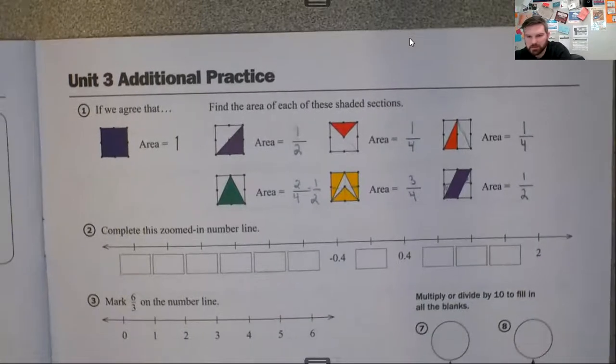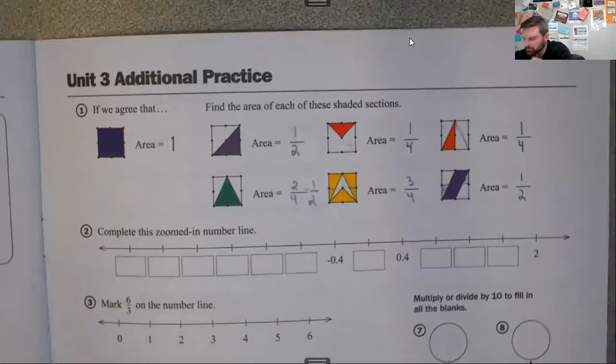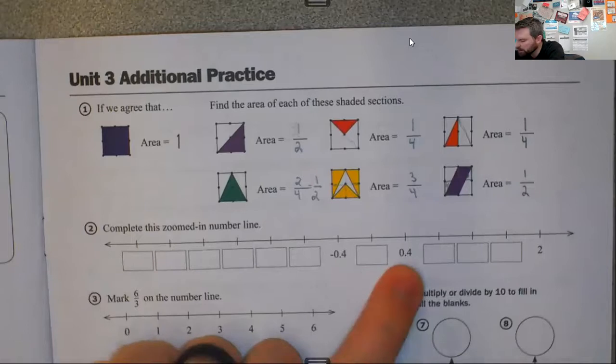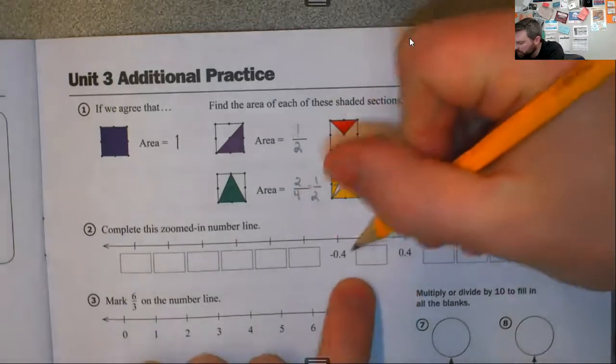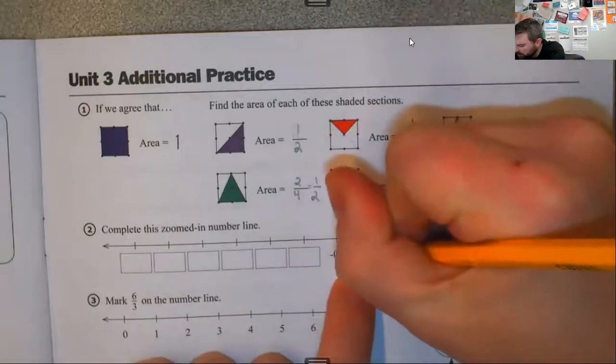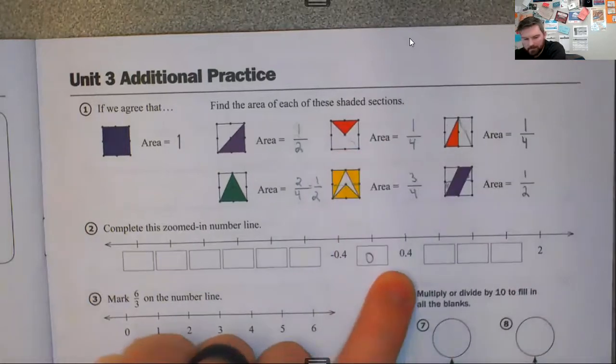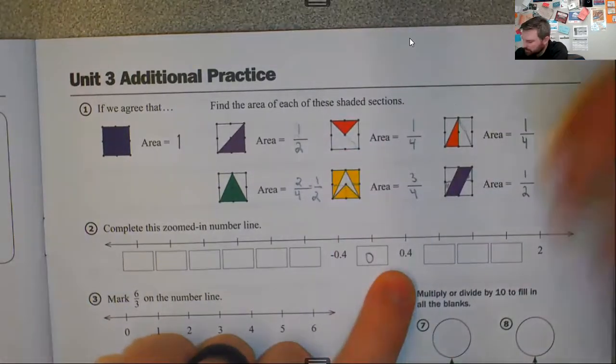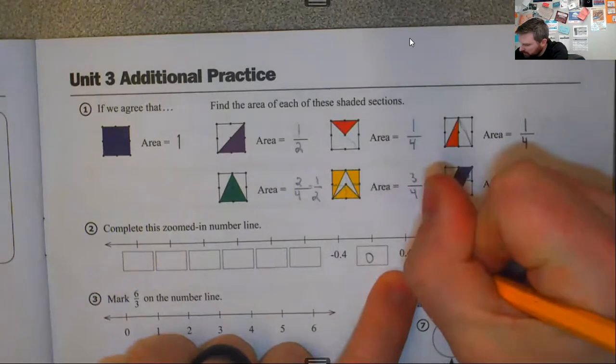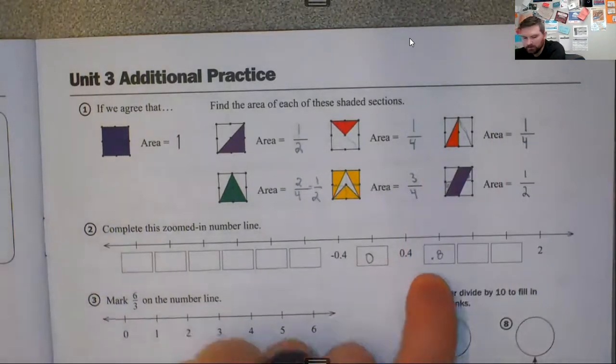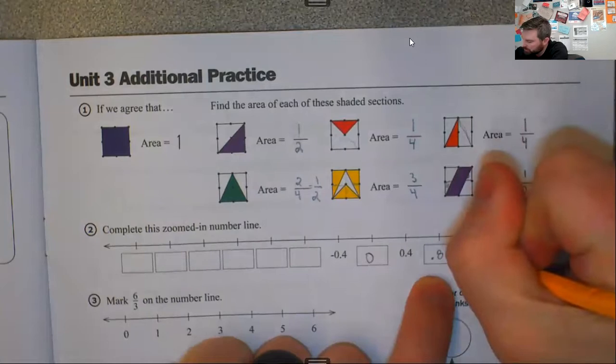Complete this zoomed in number line. Okay, so we have 0.4, negative 0.4, and 0.4. So halfway between those would be 0. It looks like we're going up by 0.4. So 0.4 more would be 0.8, and then 4 more would be 1.2.